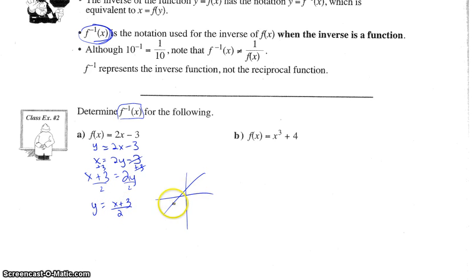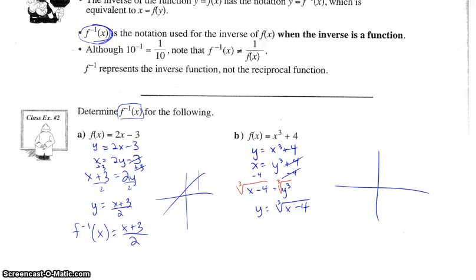A vertical line would only pass through it once, so therefore we can use our inverse function notation. That replaces y, and there's our answer. Actually, you guys try B, and then we'll check back and see if we have the same answer. Pause your video.